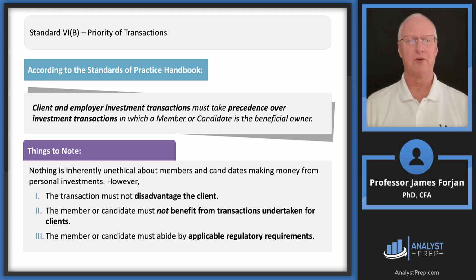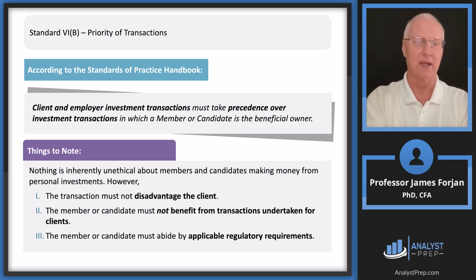Priority of transactions, the key part of this and understanding this standard 6B is that you want to put all of your clients into the swimming pool. Put them all into the swimming pool, and then when you distribute something or you provide them with a service, you throw all of that into the swimming pool, and each particular client then can get their service.